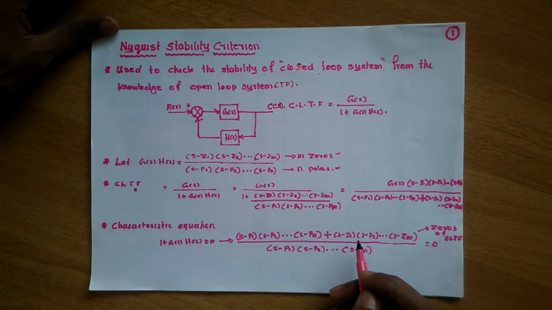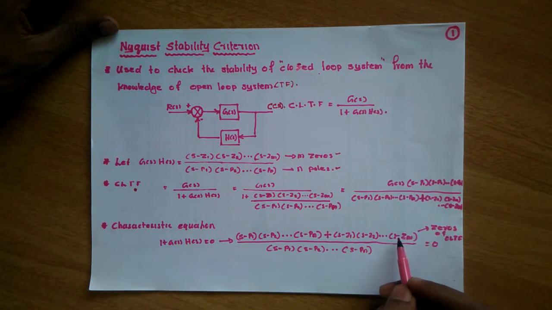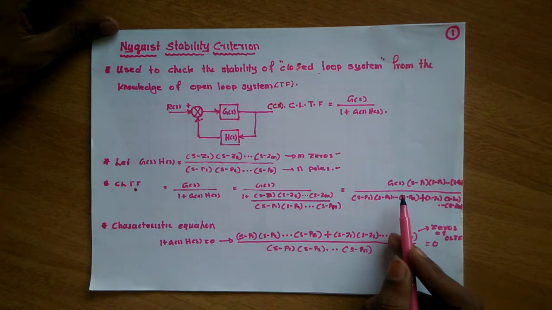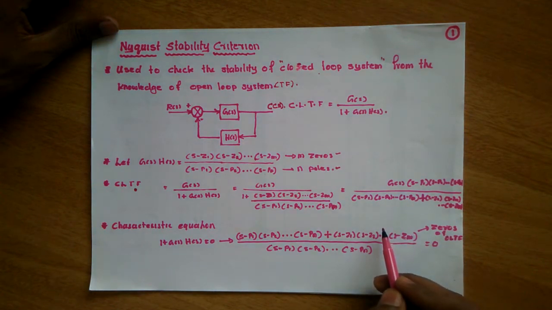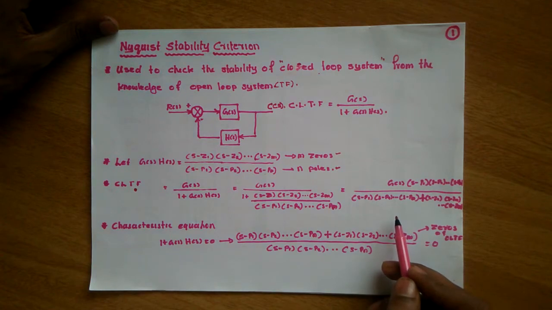So in Nyquist stability criterion, I will be checking the location of zeros of the characteristic equation to determine the stability of the system. So if I know the location of zeros of the characteristic equation, I can say that I know the location of poles of the closed loop transfer function.